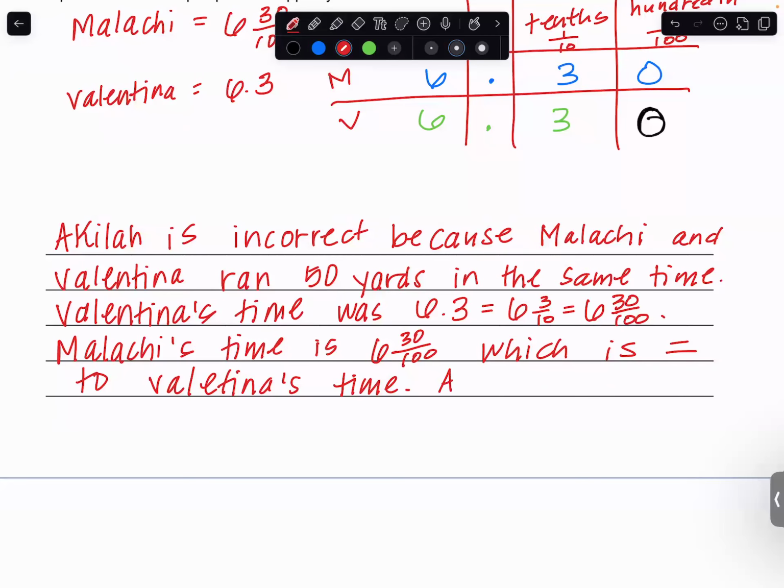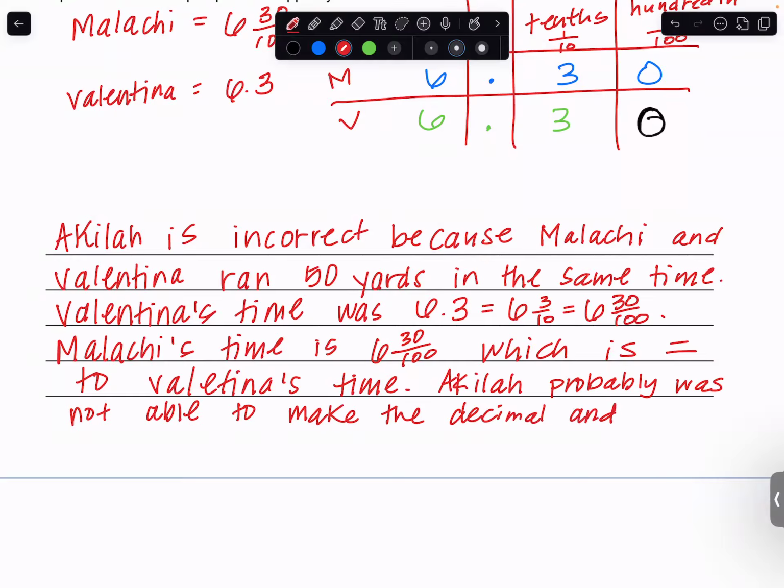And we could say Akila probably was not able to make the decimal and fraction connection.